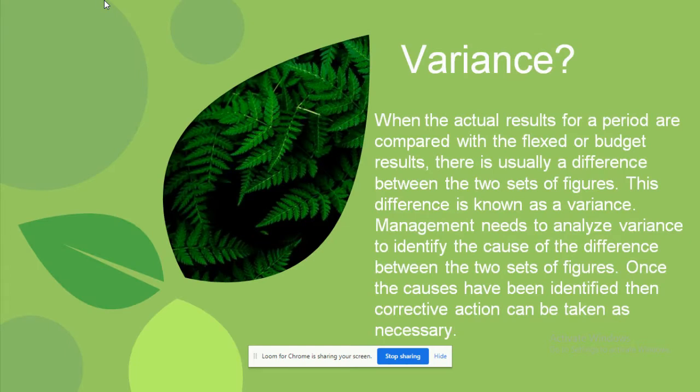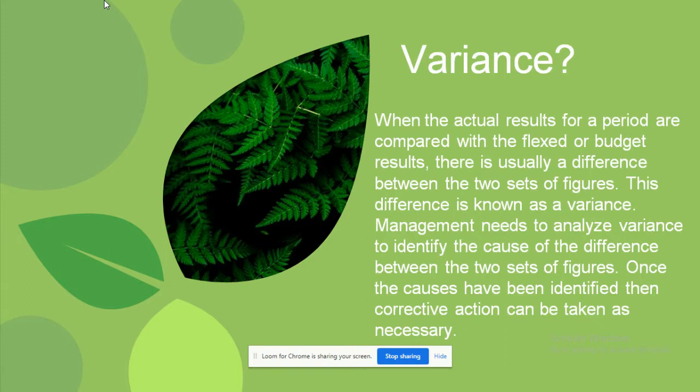What is variance? A variance is the actual result compared with the flexed or budgeted result. The difference between these is variance. So when there is a difference between two sets of figures, the planned and the actual, the difference is said to be variance.